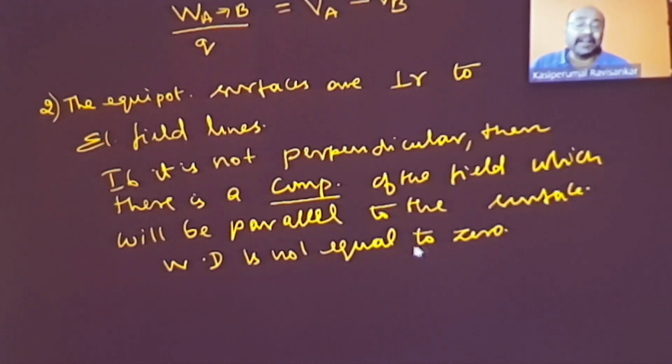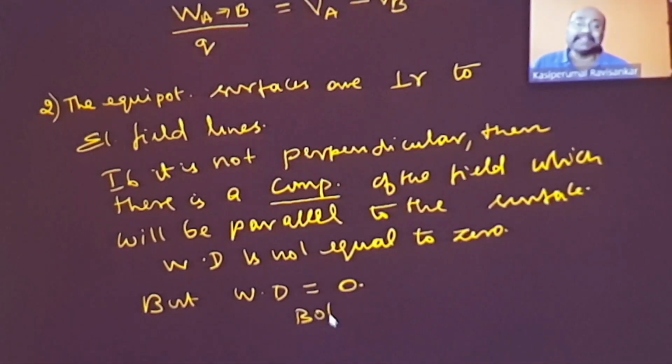If the work done is not equal to 0, but according to the previous case the work done is equal to 0, we have proved that the work done is equal to 0. So we can say both are contradictory.